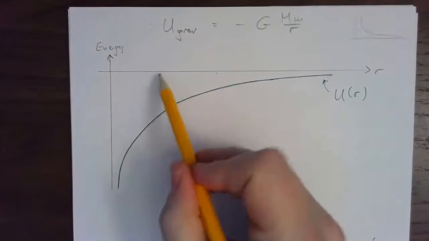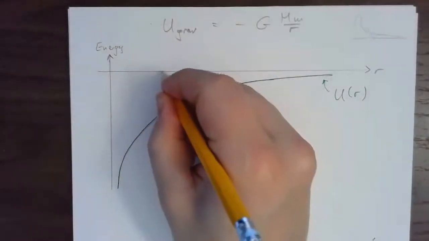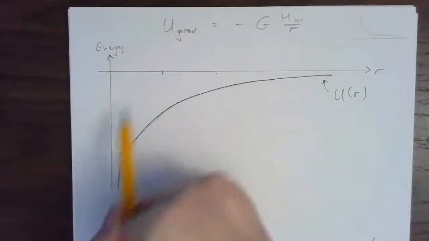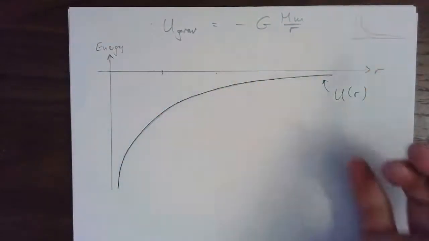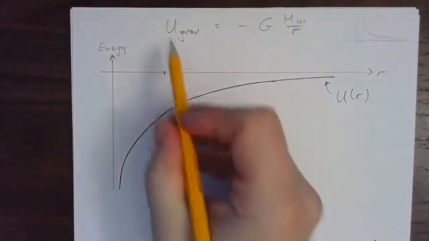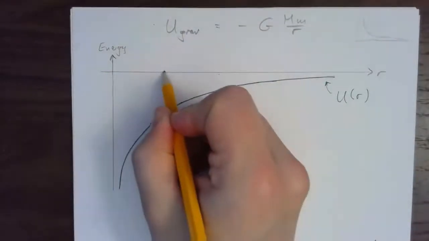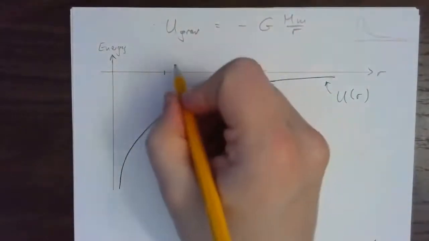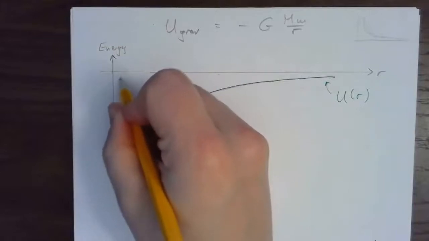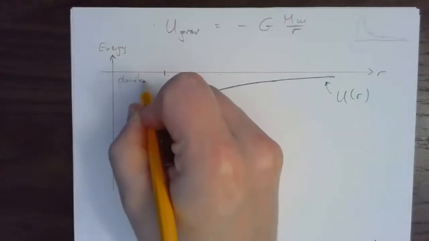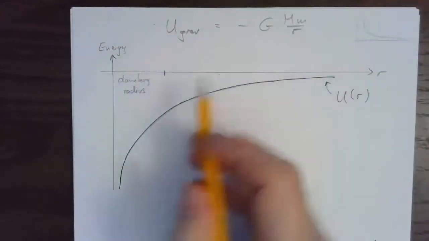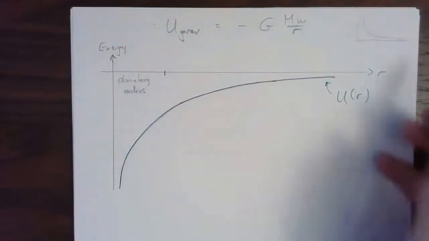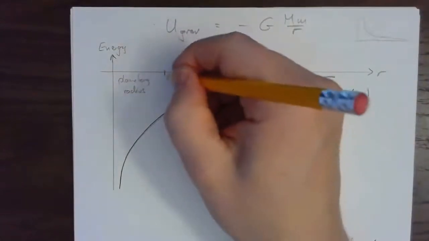Because really, there comes a point, and maybe I'll draw this point right here, where if one of the objects is a planet, let's always think of it as a planet, another object somewhere out in space, for example, then this might be, say, the planetary radius. Some finite value of r, like the radius of the Earth. So this is r, maybe in meters or in kilometers.